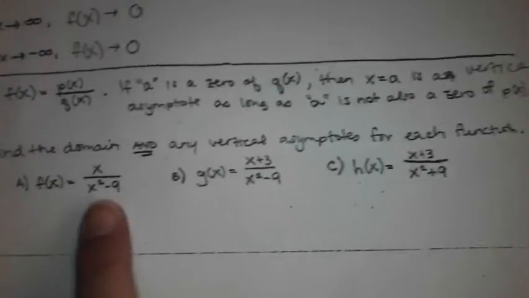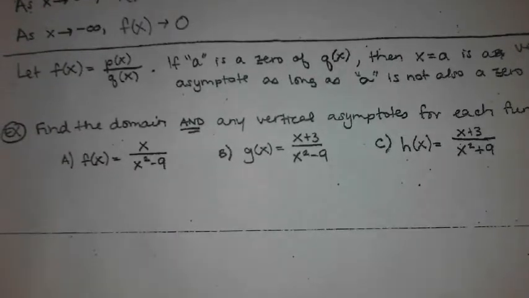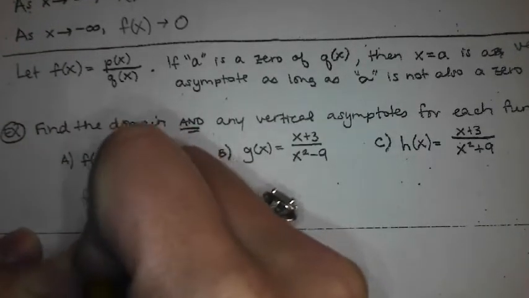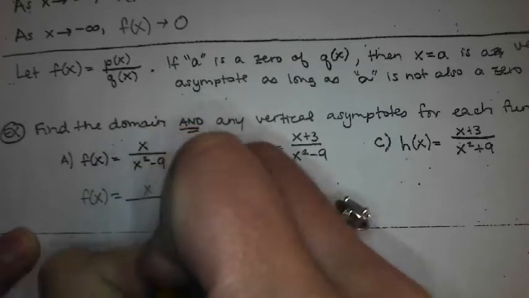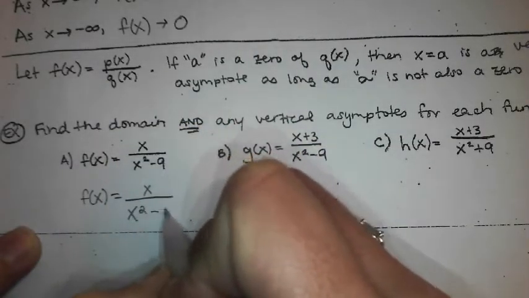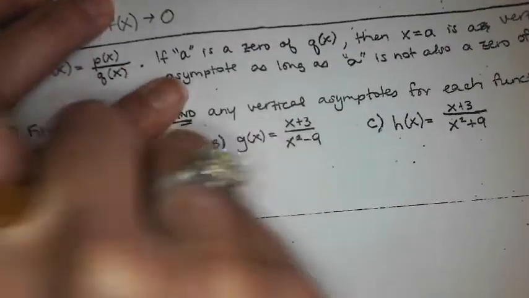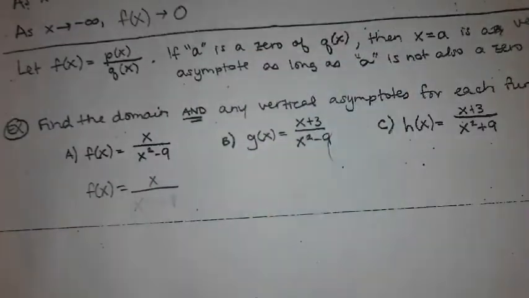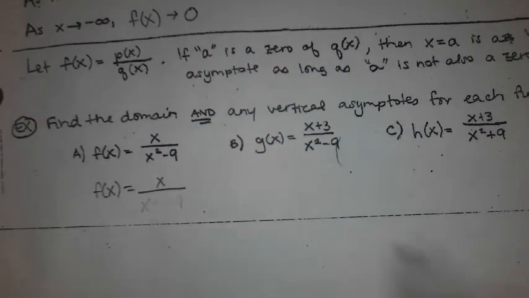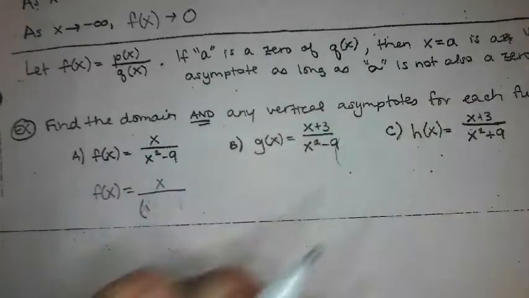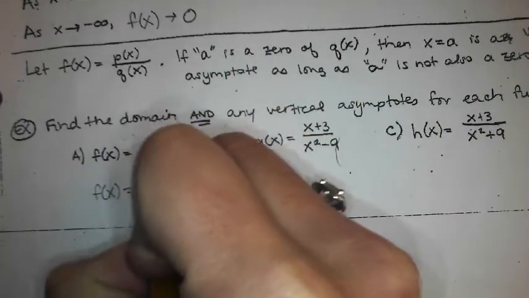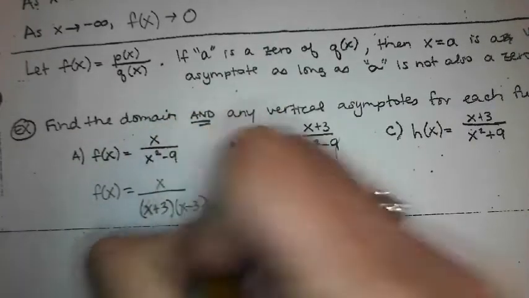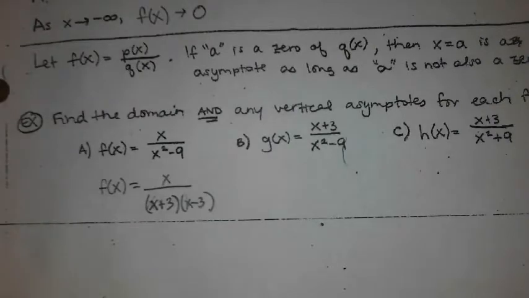But for the time being, in our first example, we have f of x equals x over x squared minus 9, which we'll factor. Why don't we write the original problem again? X squared minus 9 factors into x plus 3 and x minus 3. And so from our denominator, we have two excluded values, is really the way you talked about this last year.